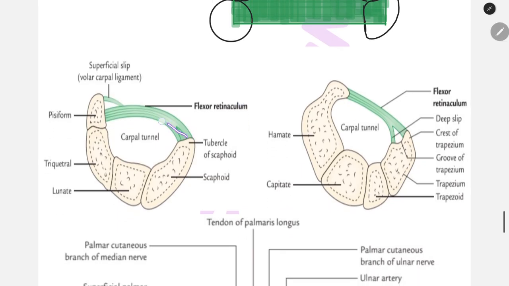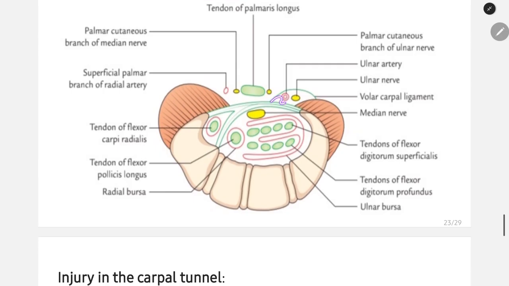First, the flexor retinaculum has a superficial slip that is called the ulnar carpal ligament. In that you will have the ulnar nerve and ulnar artery present, and you also have a deep slip. The deep slip is for flexor carpi radialis. If you see here, this is the superficial slip, this is the deep slip. In the deep slip you have FCR, and here you have the ulnar nerve and ulnar artery.